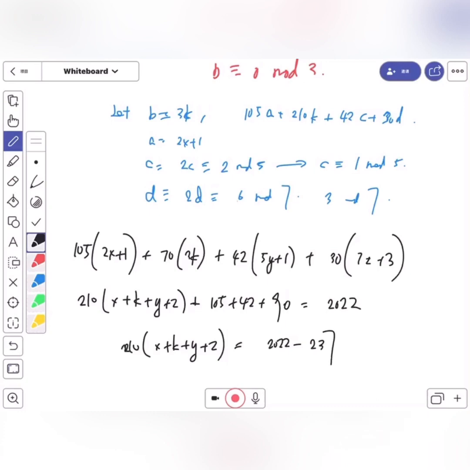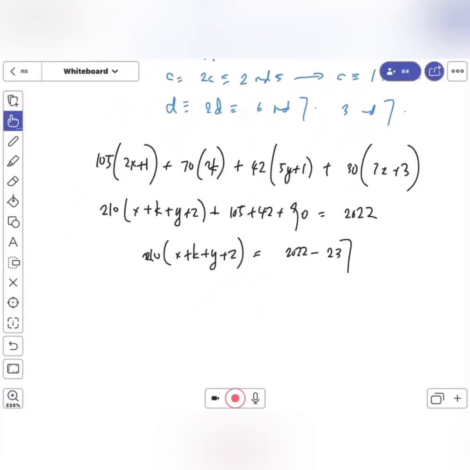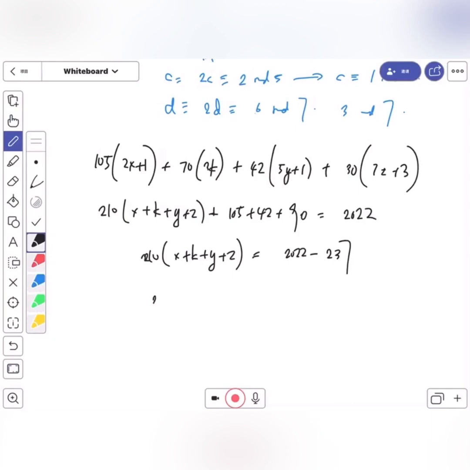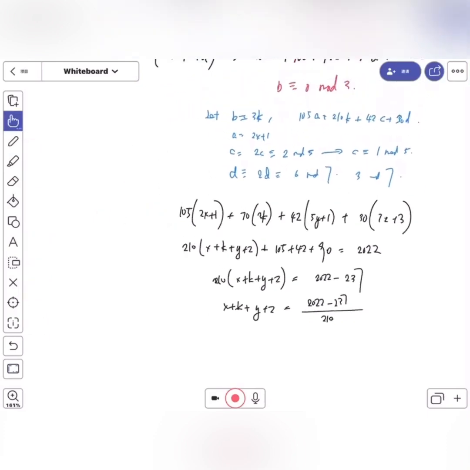If I didn't make any calculation mistakes, then it's 2022 minus 237. So x plus k plus y plus z is equal to (2022 minus 237) over 210. However, this seems to not be a multiple of 10.